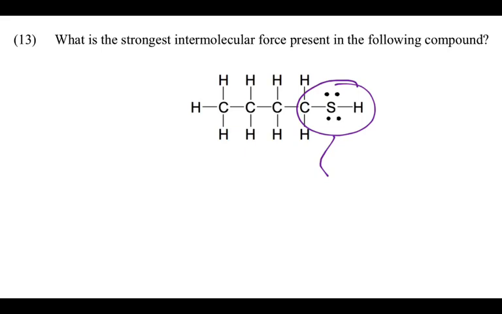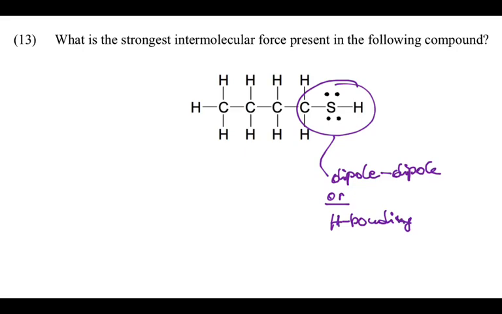But in lecture I said OH, NH, and FH are the very clear, strongest hydrogen bonds. So the SH bond is kind of in between a hydrogen bond and a dipole-dipole interaction. Whether you call it dipole-dipole or hydrogen bond, in this case I would give you points either way on an exam. So I'll just say dipole-dipole, or H bonding would also be correct.